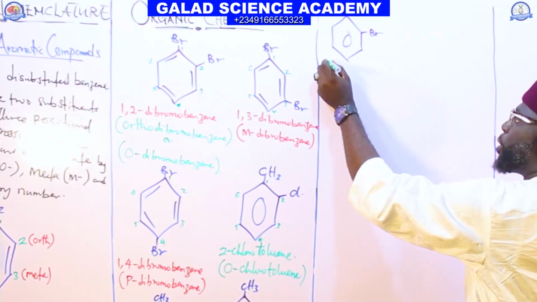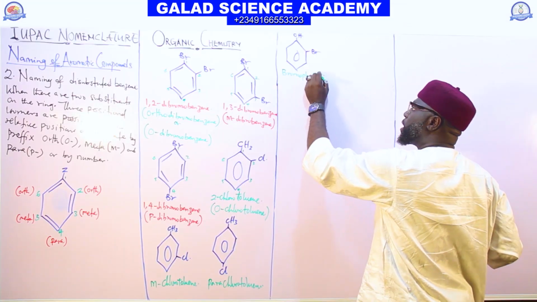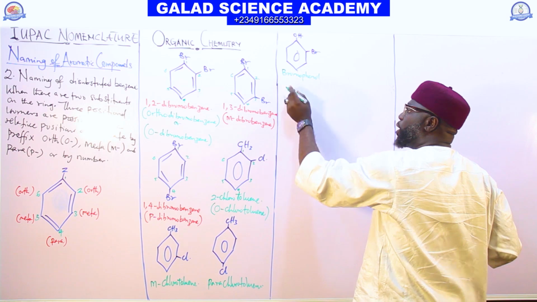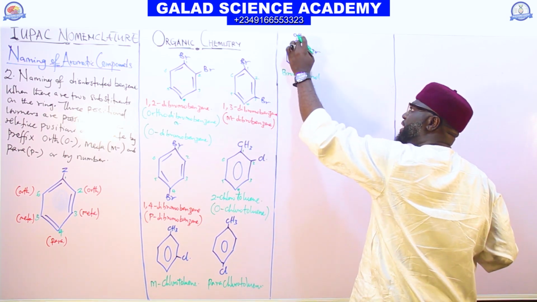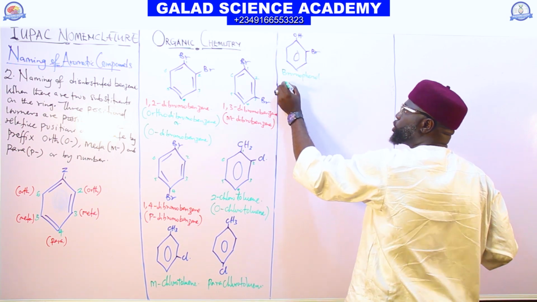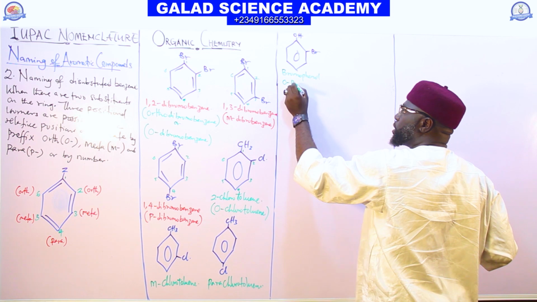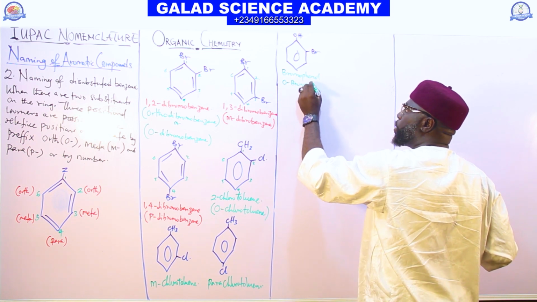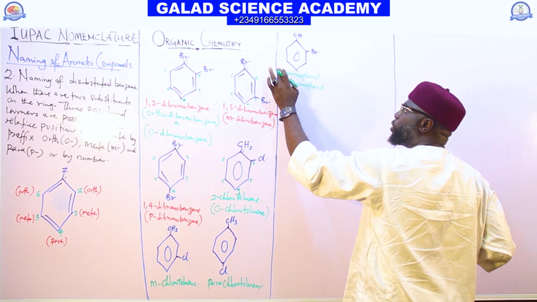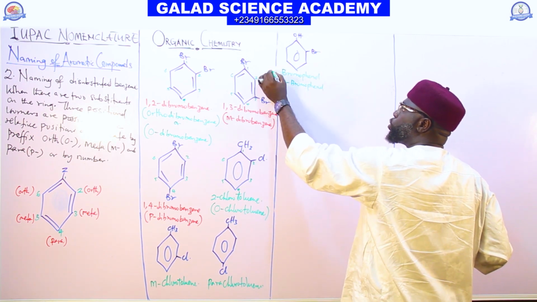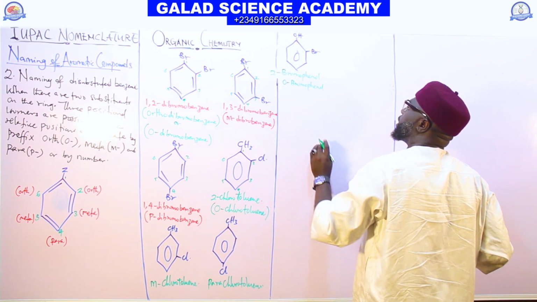Have you now? But by using the shorthand method, this bromine at carbon 2, we call it ortho-bromophenol. This is not ordinary bromophenol. We call it 2-bromophenol. Sorry.